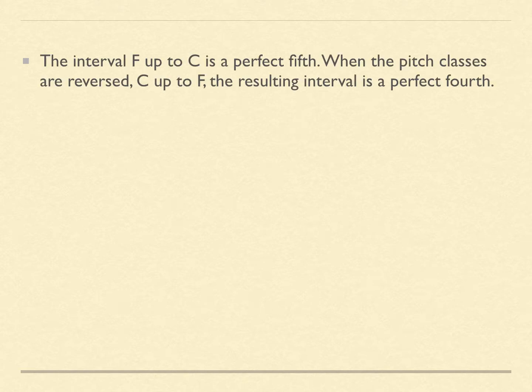So next we're going to talk about inverting an interval. If you go from F up to C, that's a perfect fifth. If you reverse it, you have a perfect fourth. So, for example, from C going up to F instead, that's C, D, E, F. That is now a fourth, and it is also perfect.